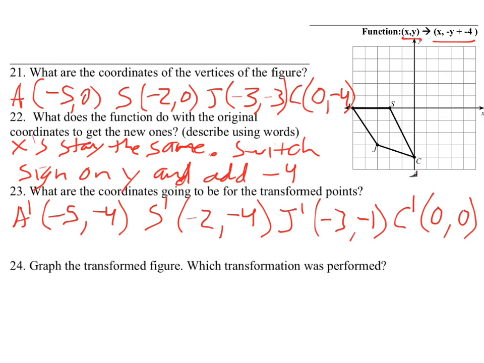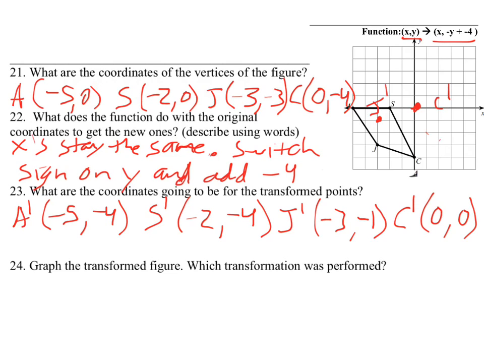And so if I graph these now, I'm going to get C prime there. J prime. Oh, no, that's not C prime. C prime is up here. So there's C prime. And then J prime is going to be negative 3 and negative 1.